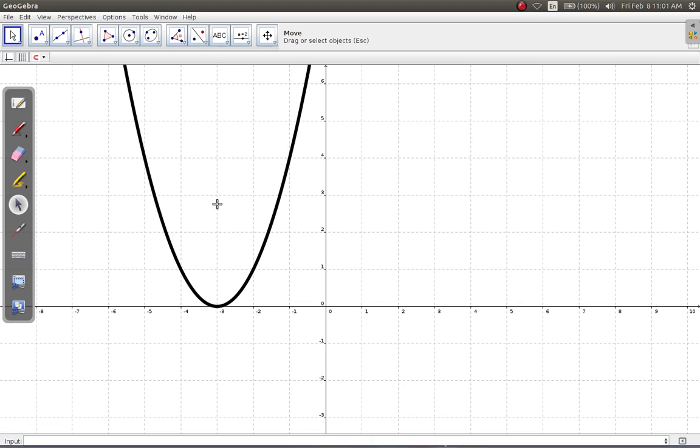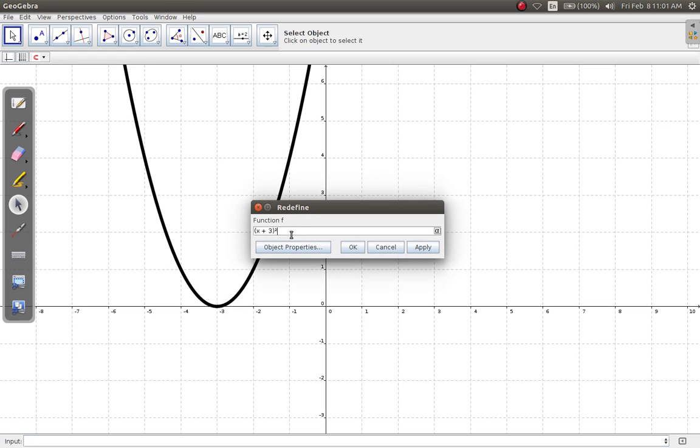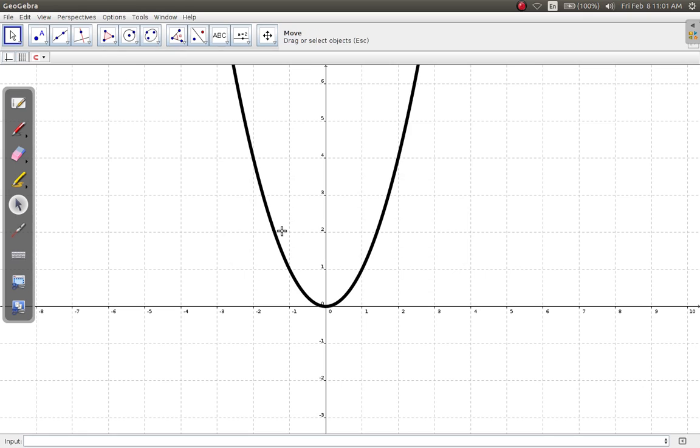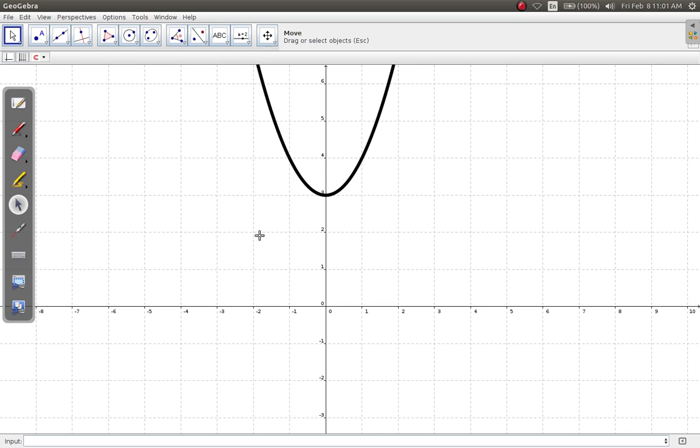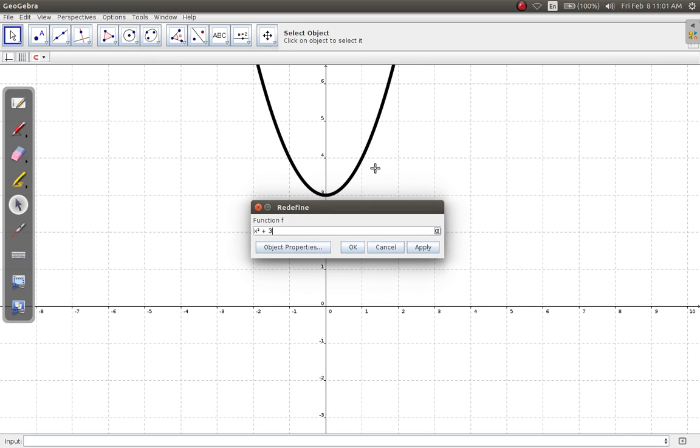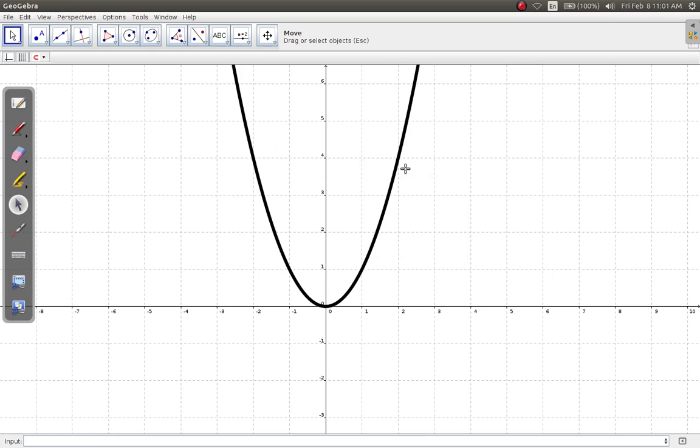So let's look again. Here I put x squared, and all that happens is that you have the graph right at the center. When I say, for example, x squared plus 3, it moves up 3 places. Let's put it back. x squared alone, back to 0.